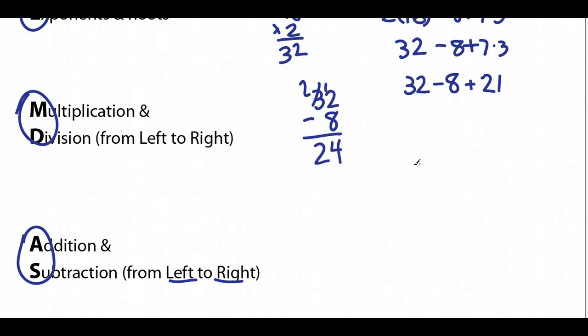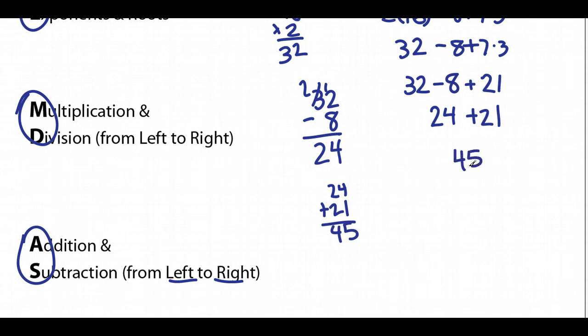Drop down the 2. 24. Drop everything else down. And then we do the addition. 24 plus 21 is 5. 45. And we come there. And we are done. So check the answer that you found and see if it agrees with the answer that we found together.